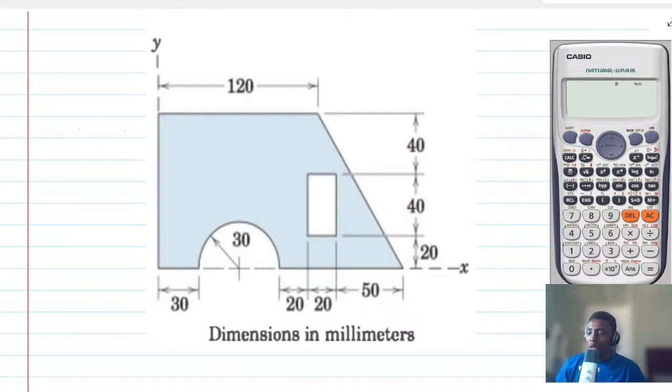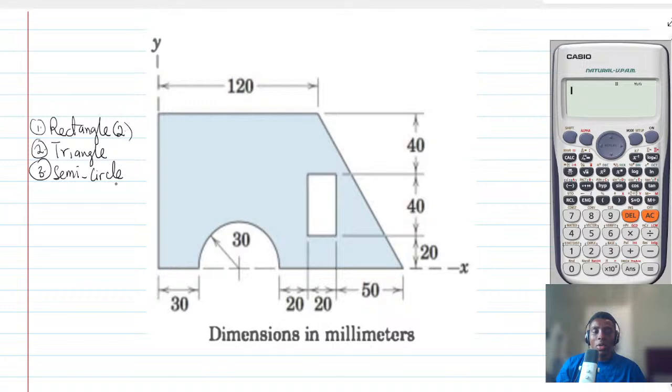Okay. So now you can see that there is a rectangle, and then we have a triangle, and then we have a semicircle. All right. But the rectangles are two actually.